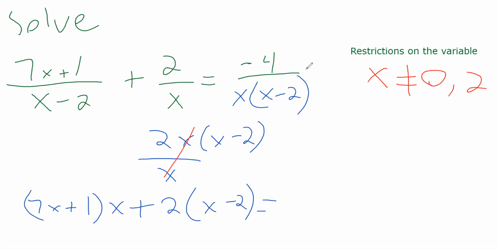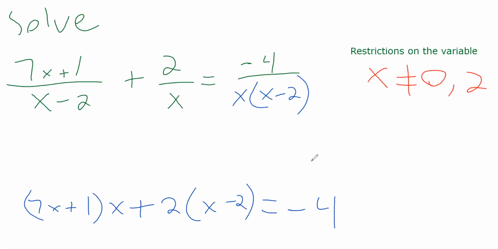Lastly, on the right-hand side there, let's get rid of this. It's almost like we took this denominator and just multiplied it over to the other side. So maybe you can see that the denominator is now just completely gotten rid of.